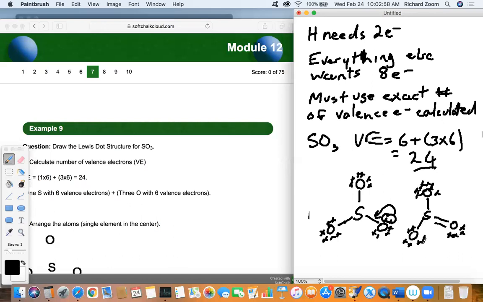It won't always be that way. Sometimes the central element will be happy and you can just stop. But other times, like this one, we've used up all 24, but we now need to create a double bond so we can have that sulfur be happy with 8 electrons and the oxygen be happy with 8 electrons as well. Does anybody have any questions?